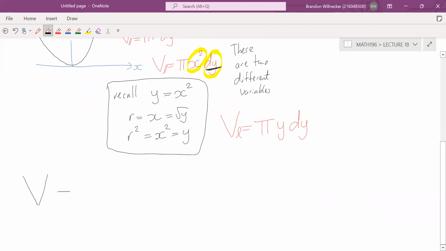So the volume is going to be the sum of all the layers. But remember, when we're taking the limits, the sum becomes an integral. So it's going to be the integral from 0 to 1 of pi y dy. Anyone confused with that step?